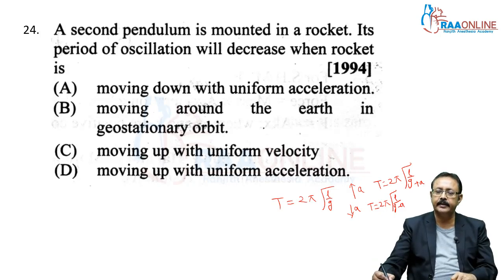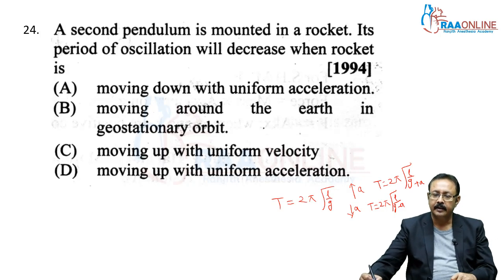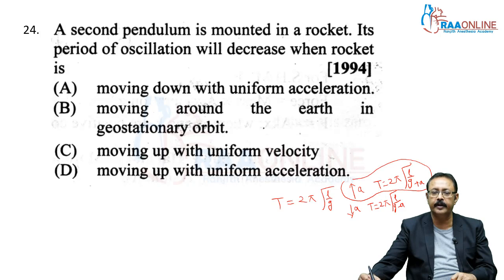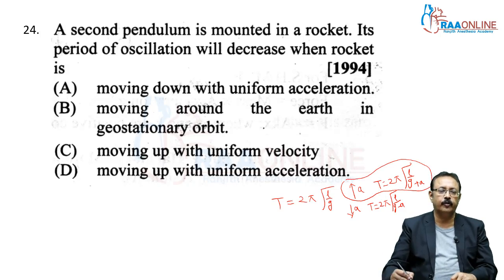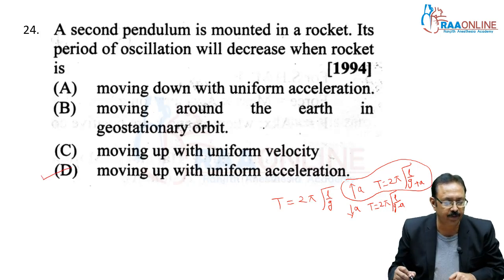So what is the case? It is the case where the rocket is moving with an acceleration in upward direction. So moving up with uniform acceleration, we should go with D. So 24th D.